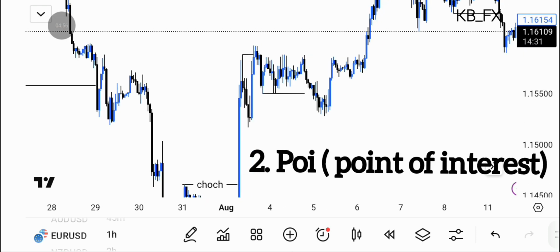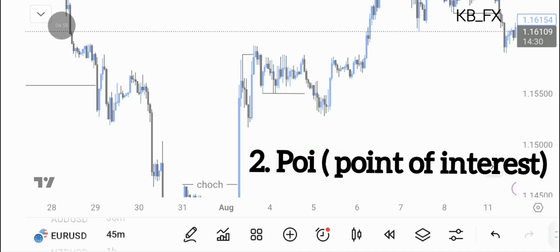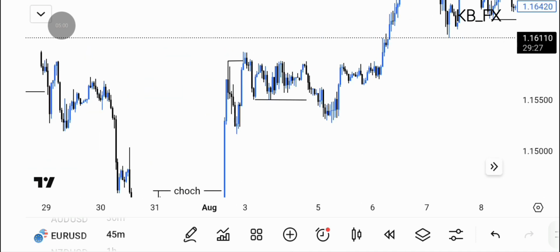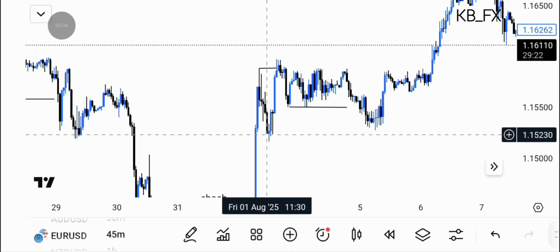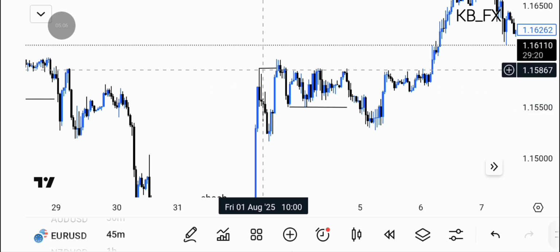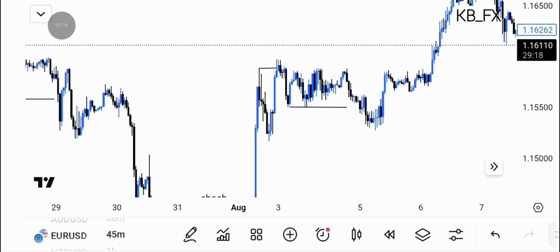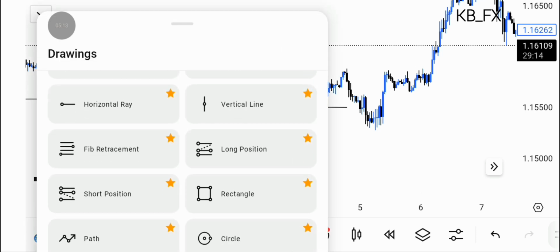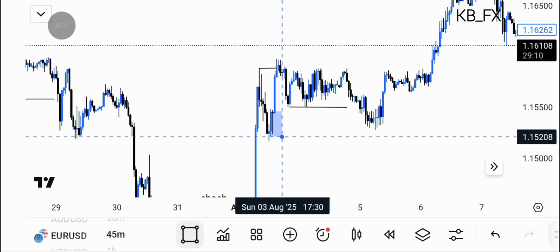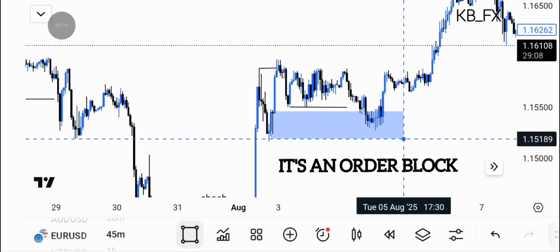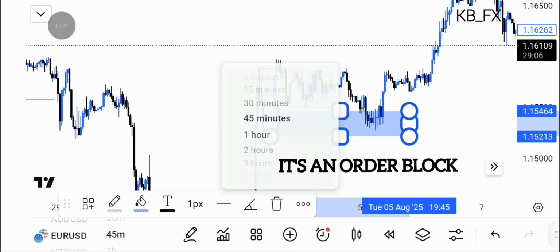Then I went to 30 minutes. After this little sweep here, I saw this other block here, you can call it other block or breaker block, some call it breaker block, it depends.